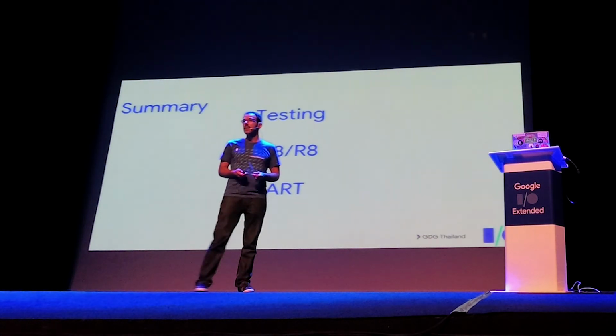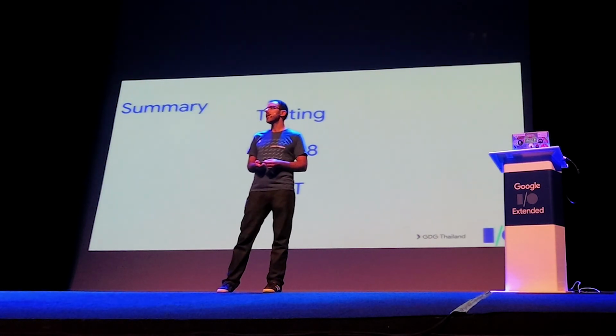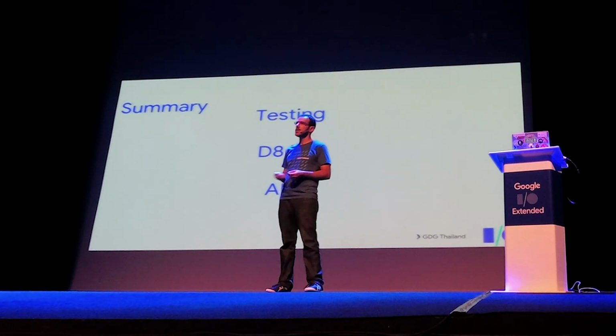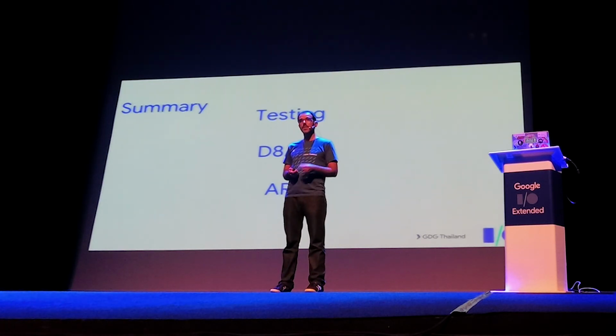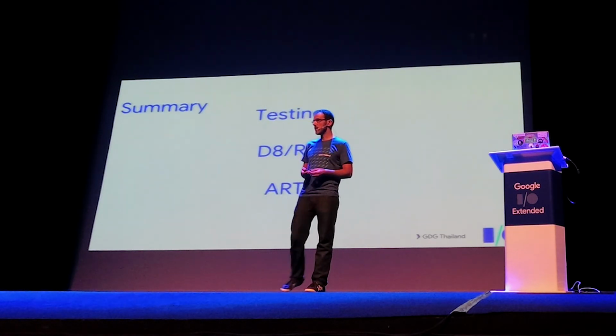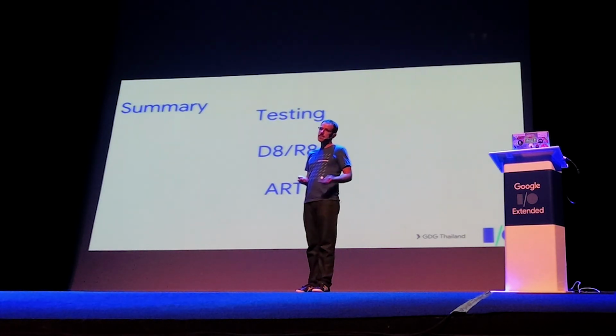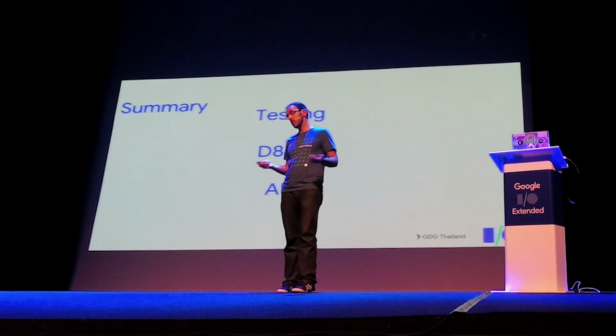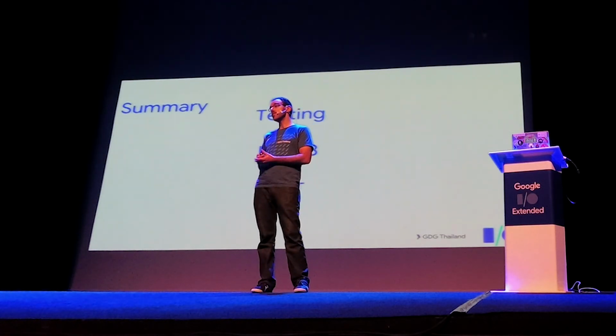Then we have R8, the new dexing and shrinker compiler for Android. Be prepared. R8 is going to be, in 6 months, at the same level as DX, but you need to prepare your application. R8 is going to be the replacement of ProGuard as well.